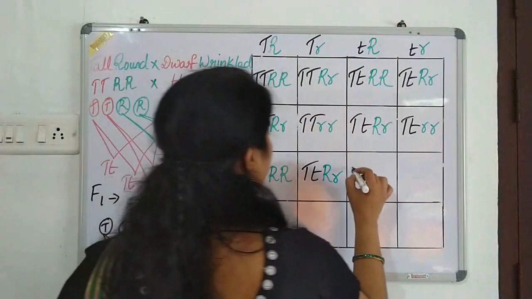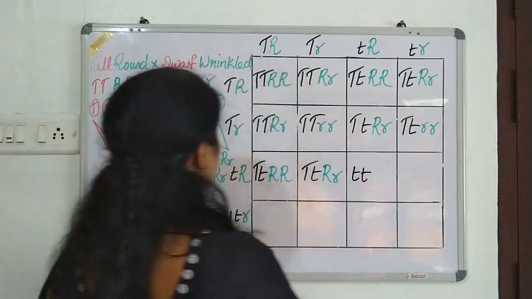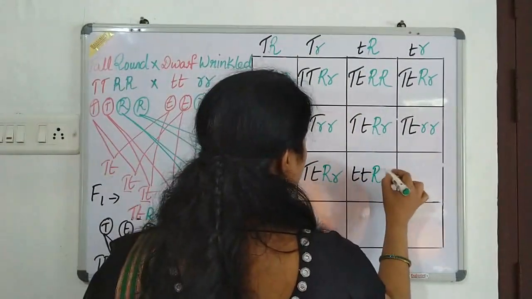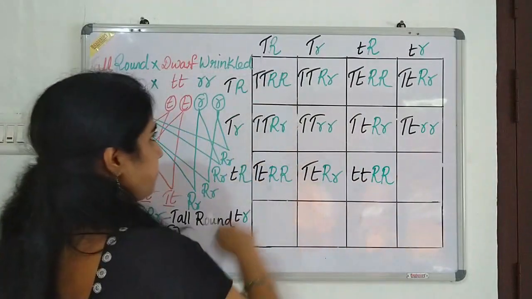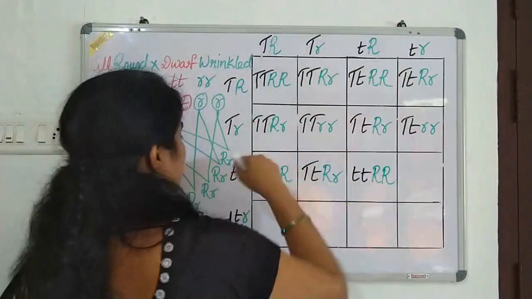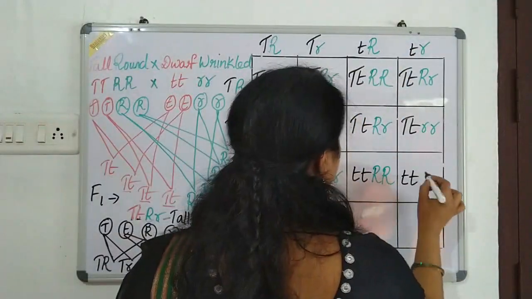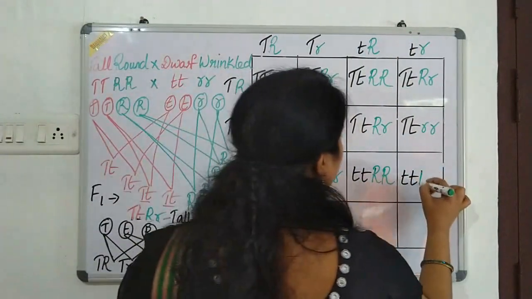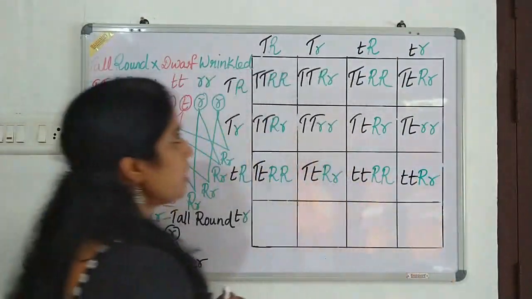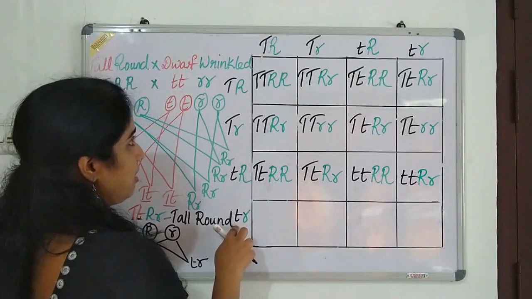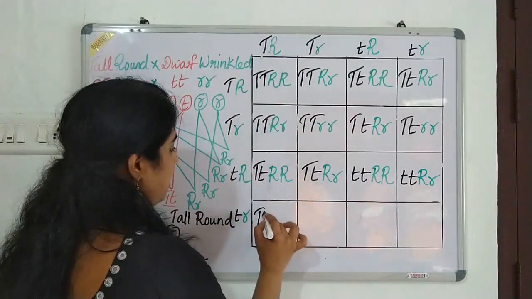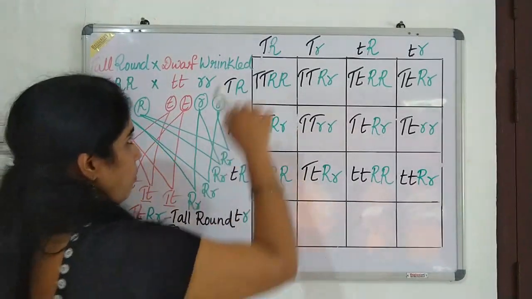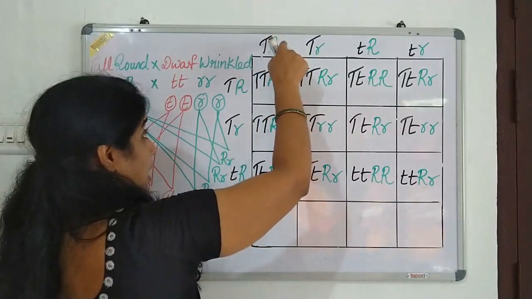Here what about T? Both T's are small. And what about R? Both are capital R. This one, see both T's are small letter T's. And what about R? One is capital, another one is small. And here see one is capital T, another one is small t. What about R?